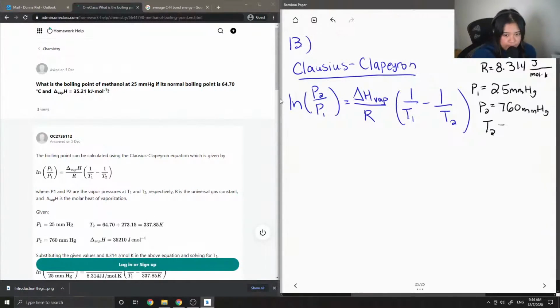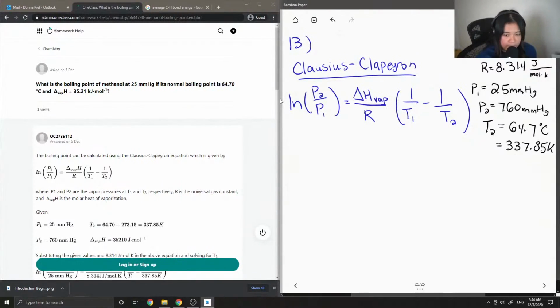T2 is equal to 64.7 degrees Celsius, but we are going to convert it to Kelvin just to make everything in the same units. So we're going to add 273.15 to 64.7 to give us 337.85 Kelvin.